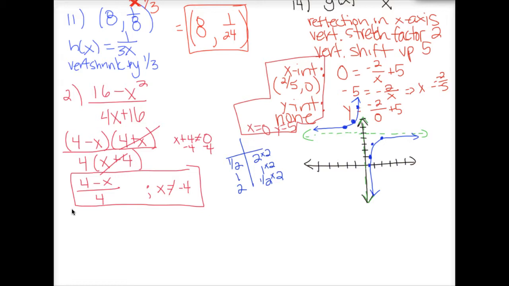Next one that I would like to take a look at is number 5, where you have division. So the original problem on number 5, I've got 4x plus 4 over x squared divided by x squared minus 1 over x squared minus x.